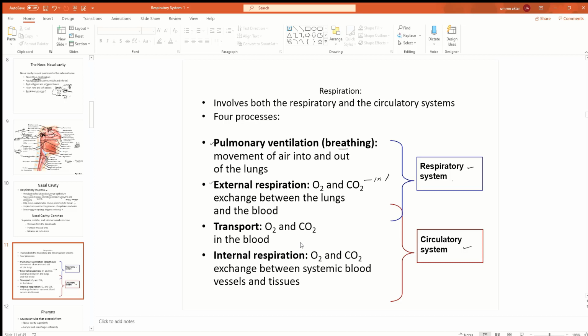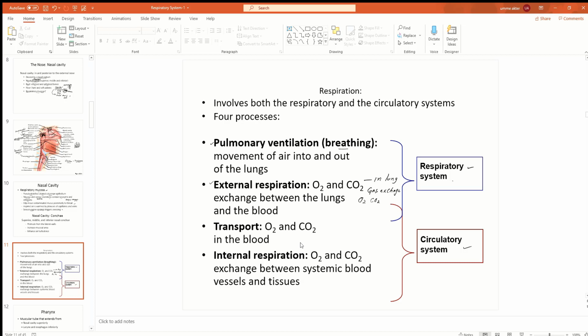We all know what happens in the lung. If I ask you what happens in the lung, gas exchange. Gas exchange occurs in the lung. Which gases? Oxygen and carbon dioxide. We all know these things, right?